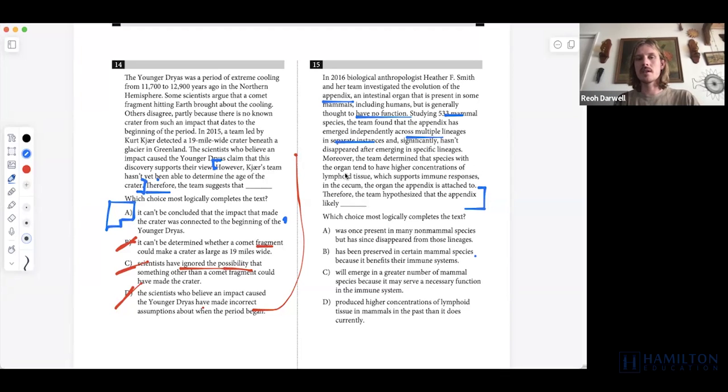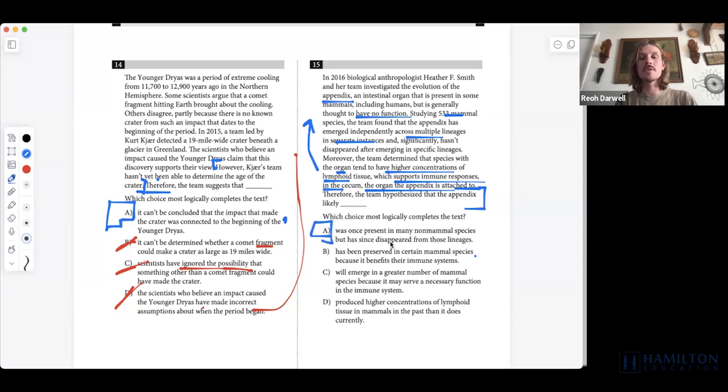They determine that those with appendixes have higher concentrations of lymphoid tissue, which supports immune responses that the organ is attached to. So higher immune responses are a consequence of having the appendix, is what their study determined. As such, we are refuting or going against the common claim that it has no function.